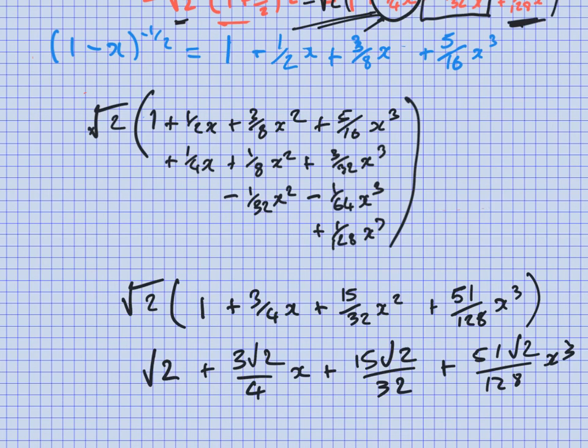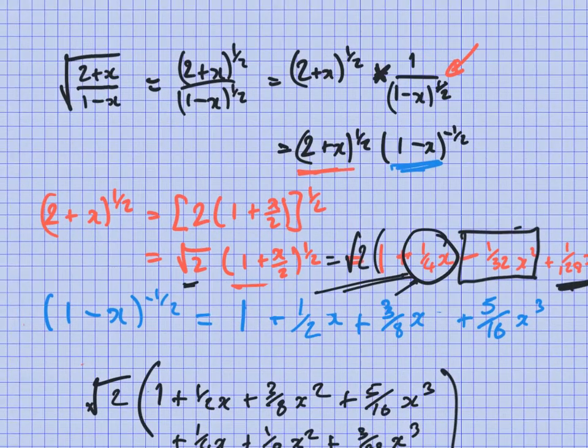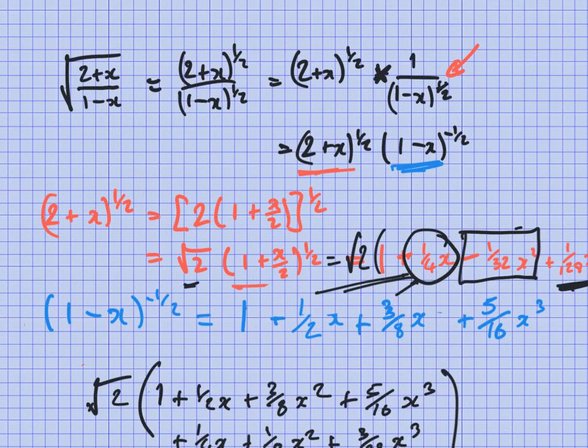Okay, that's nearly finished. We also need to state for what values it's valid. So going back to the top, we had the 2 expansions, the red and the blue. The red expansion is valid when mod of x is less than a half, and the other one, the blue, is mod of x is less than 1.